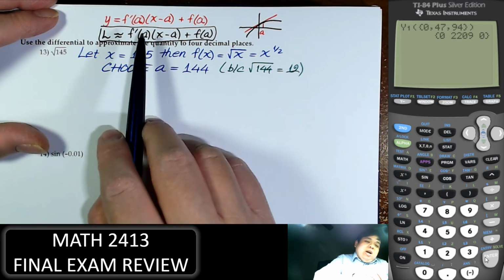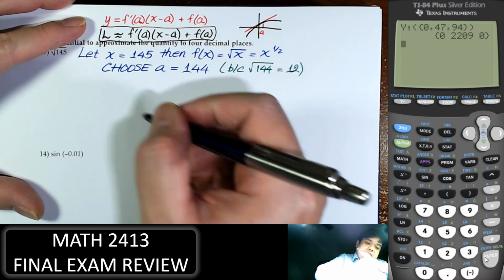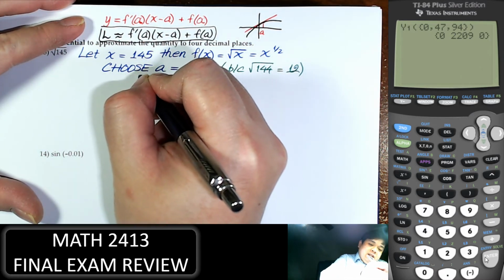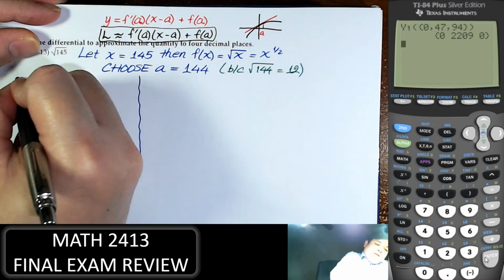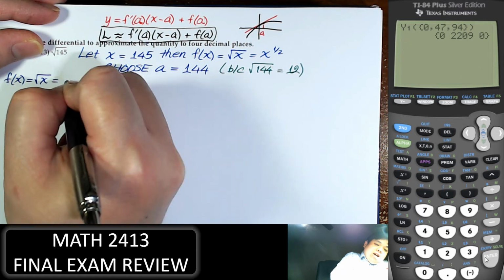Right, so we need the value of the function and we need the derivative at the point a. That should be easy. The function is square root of x, or x to the 1/2.